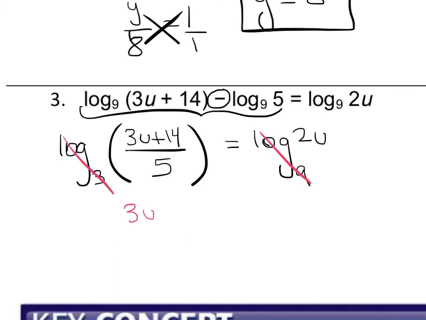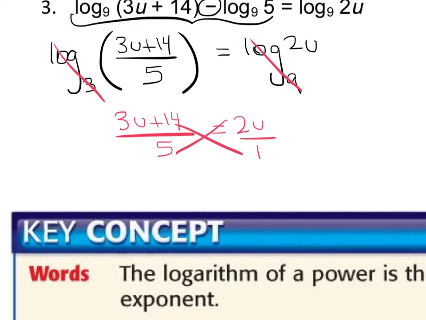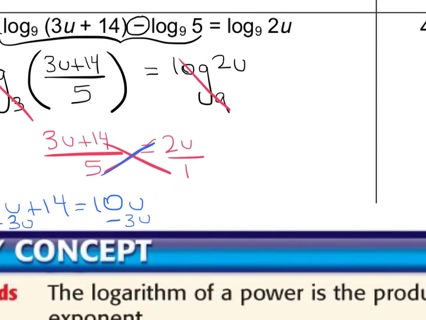You are left with 3u plus 14 over 5 is equal to 2u, which is over 1. Now cross multiply and let's see what happens. So 3u plus 14 is equal to 5 times 2u, which is 10u. Now you try to solve for u, so subtract 3u from both sides. You get that 14 is equal to 7u.